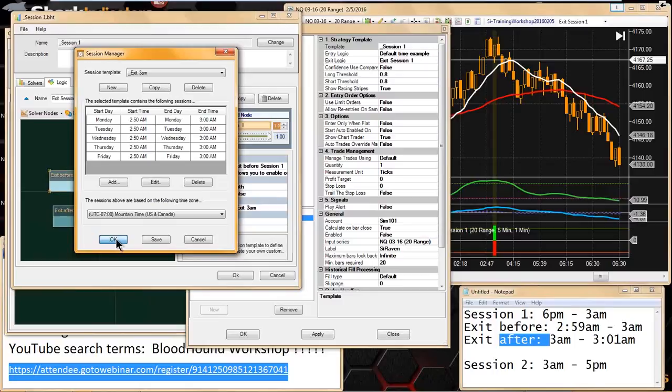All right, so the way I've set this up, it doesn't mean one's right and the other one's wrong.